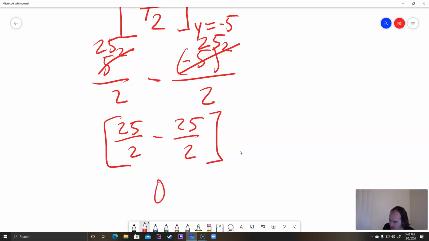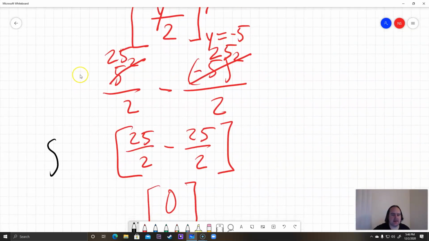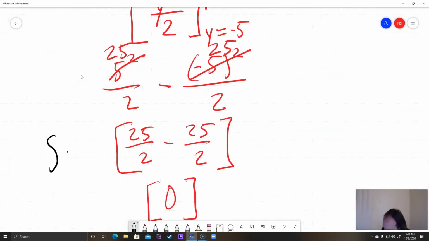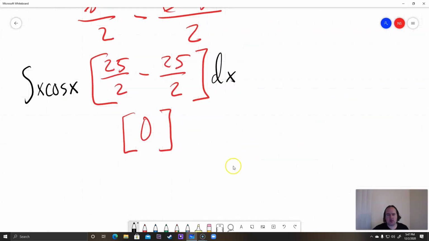Okay? But we still have the outside of our integral. Remember, the outside of our integral, we had the integral of x cosine of x dx. So this is a very unusual problem. Normally, if you were doing the integral of x cosine of x dx, you would have to do integration by parts, is the standard way to do it, which could be a lot of work.